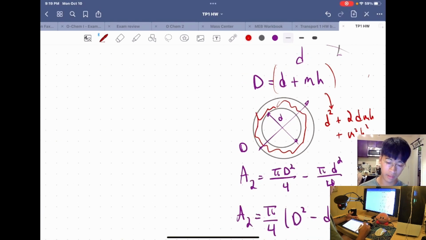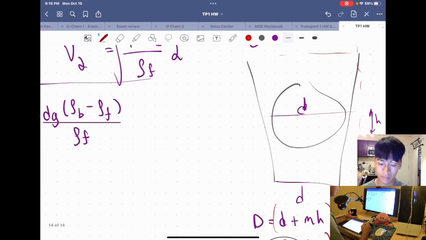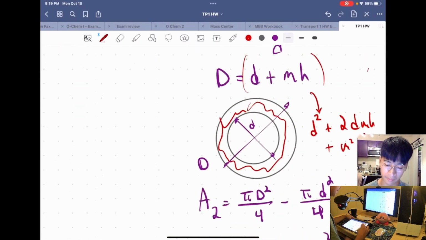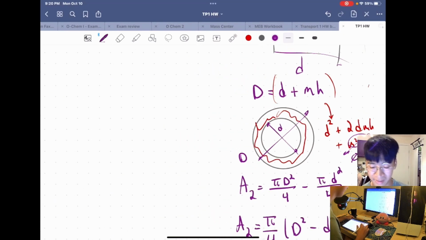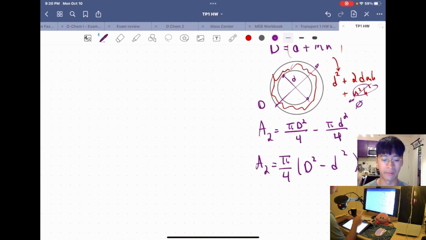And again, this taper is extremely small. So because of this m squared h squared term, this is being squared, you can say this goes to 0. You get rid of that. Okay, remember that. It's a rather small detail and it's easy to forget.